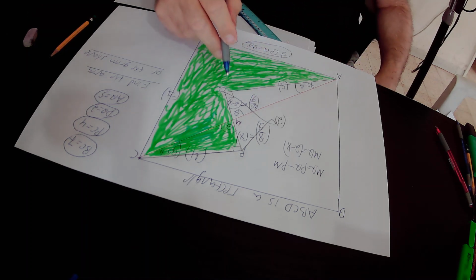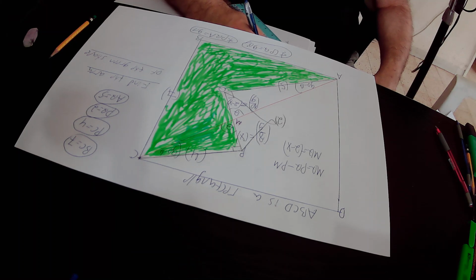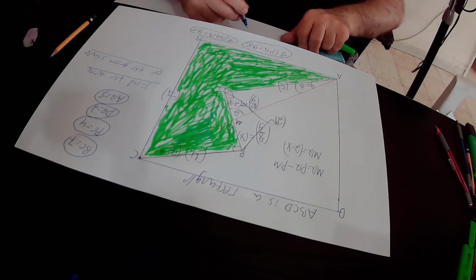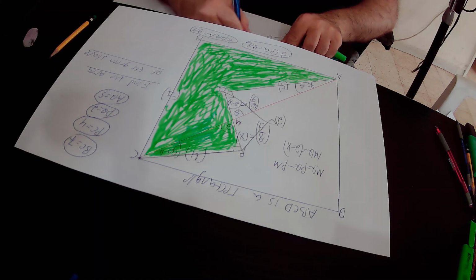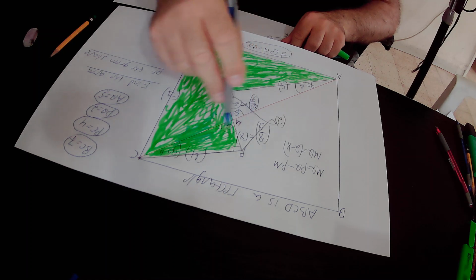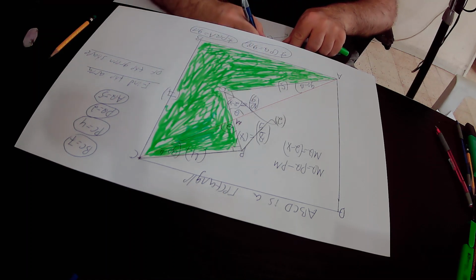Line segment PQ equals 2 units in its length. And this angle QPC equals 90 degrees, it is a right angle.